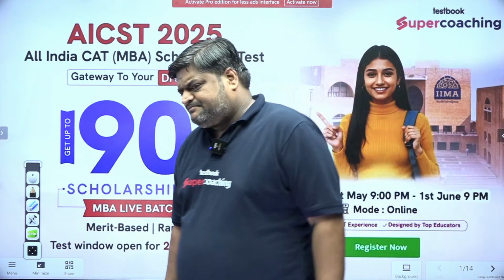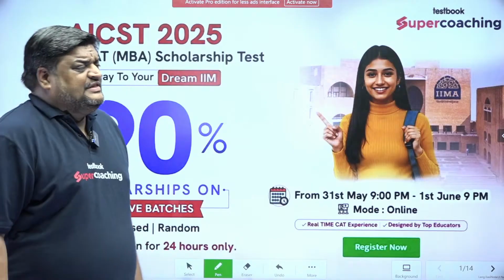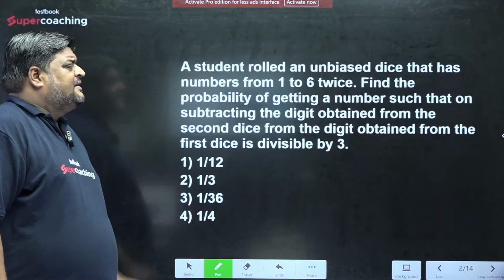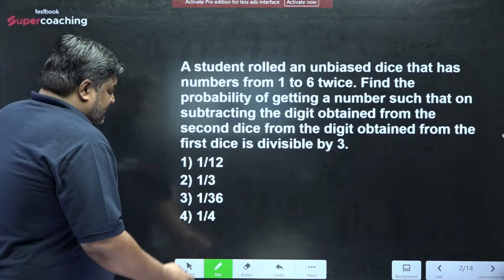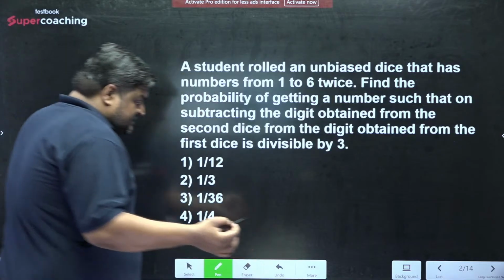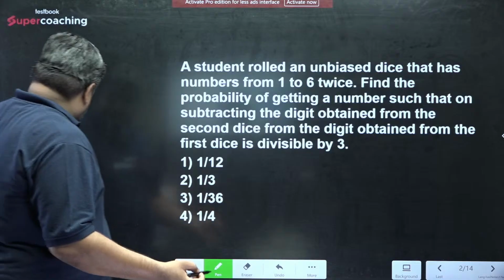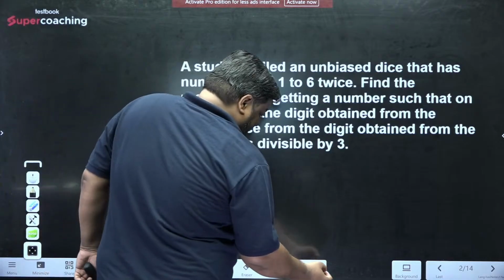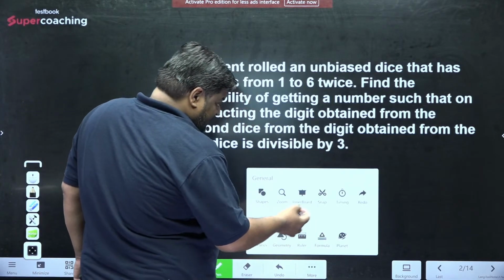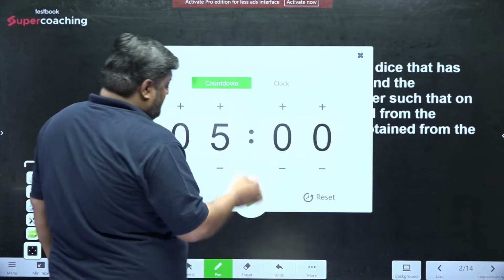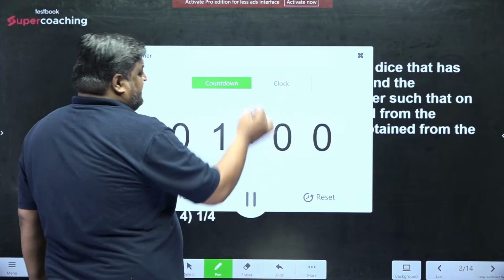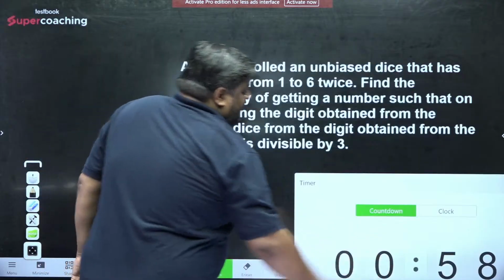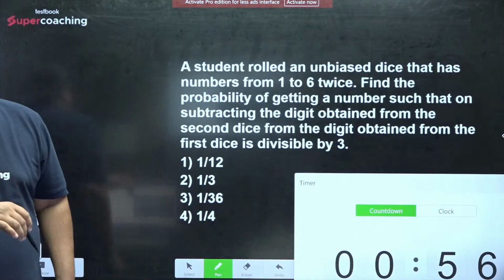Okay, let's start with the first question of QA that occurred in 25th May AIMT. Come on, guys. सबसे पहले I'll give you some time to solve this question. I'll give you a minute. It is expected कि आपने attempt करा है ये already.